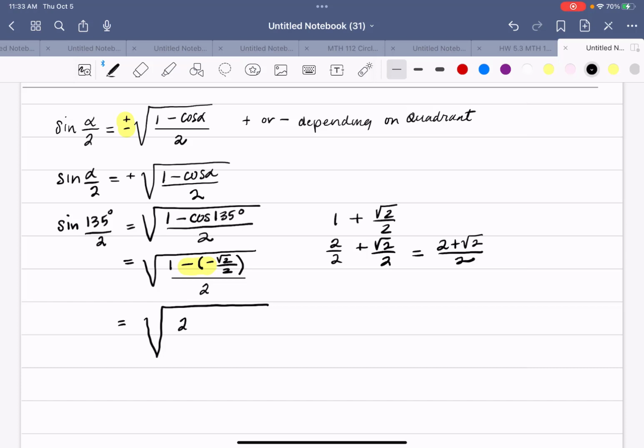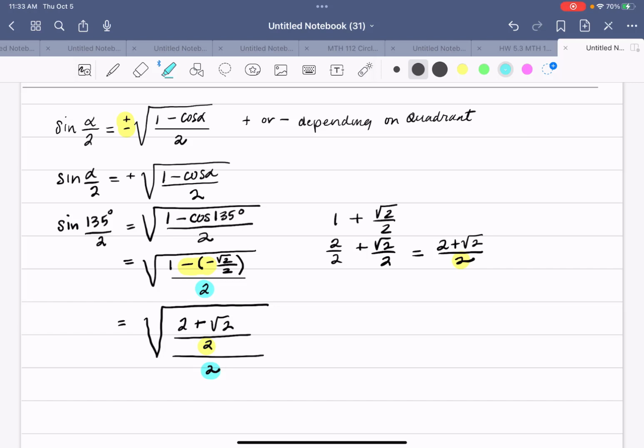So 2 plus the square root of 2 over 2 over 2. Because this first 2 comes from the numerator, and the second 2 comes from this original denominator.